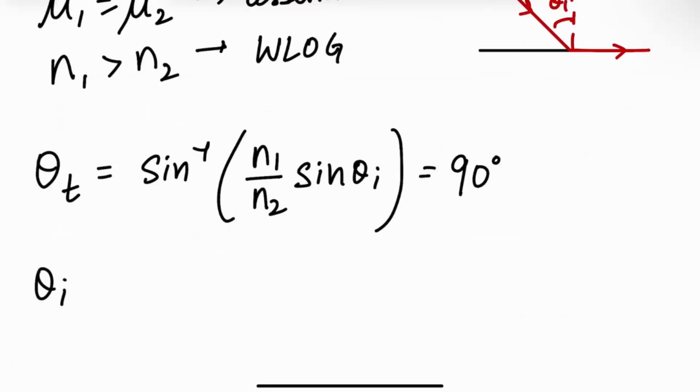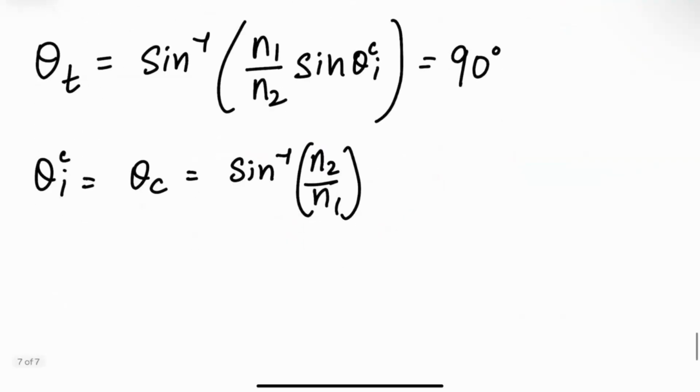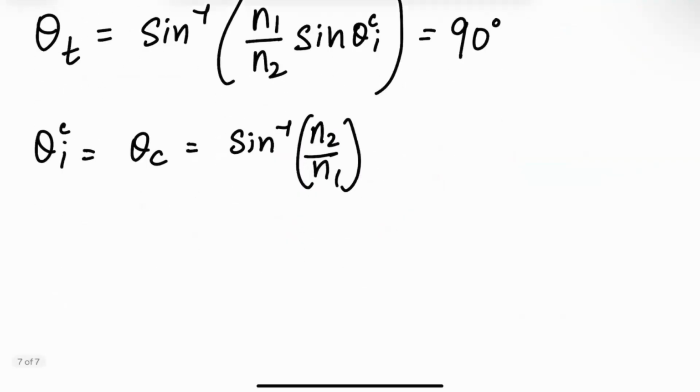Okay, so theta I, which now becomes critical, which I'll call theta C, is sine inverse n2 over n1. Of course, right? Because if I take this sine onto this side, this becomes 1. And then I take n2 over n1 to this side, and I take sine inverse on both sides. Okay, so this is called the critical angle.